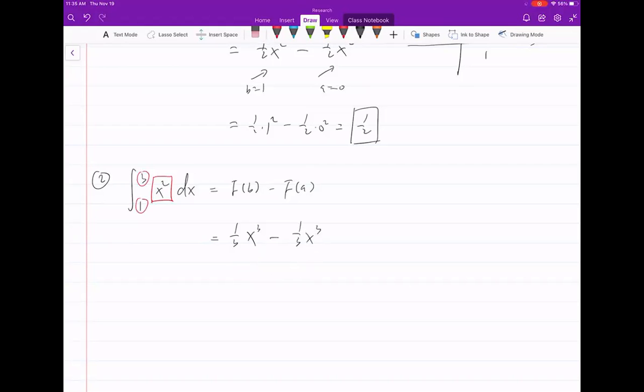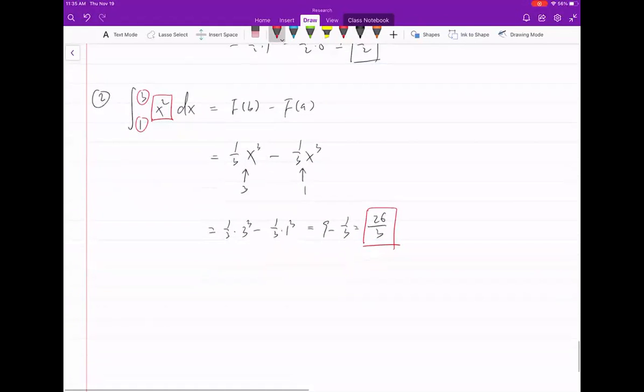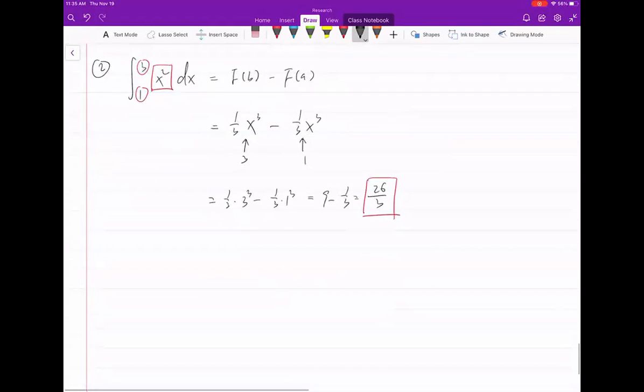That's what we mean by F of B minus F of A. So this time it's going to be accurate. It's not an approximation. This is by mathematics. Sounds good? Keep going.